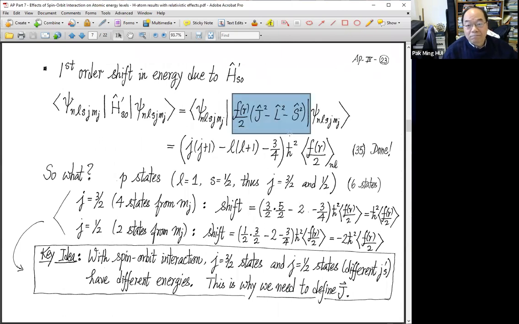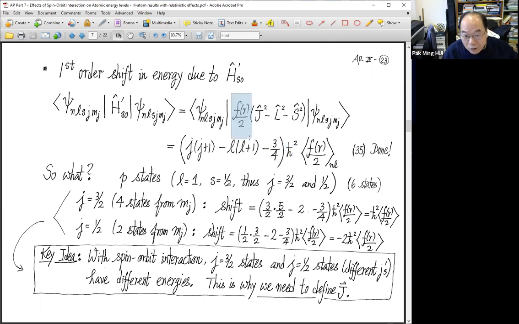Perturbation, expectation value. The perturbation term has J squared, looking for j. L squared, looking for l. S squared, looking for half. All have h-bar squared, okay? But don't be too happy.